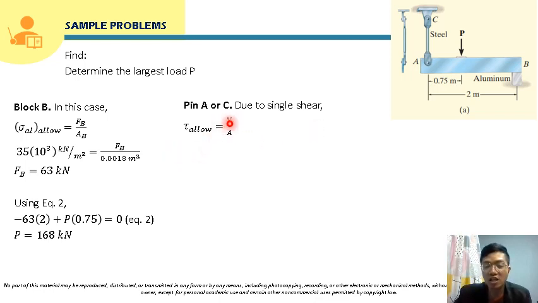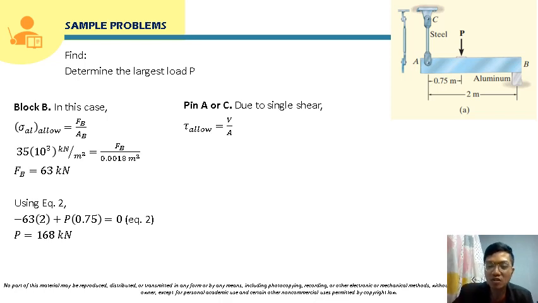For the internal shear force at this pin, that will just be equal to the reaction that we solved here for the steel rod. So that is actually FAC, right?